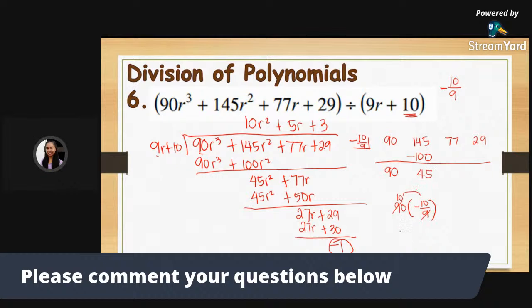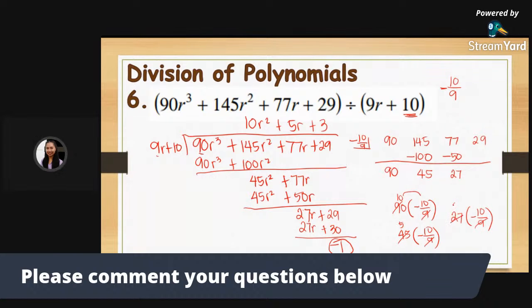So 45 multiplied by negative 10 over 9. If you cancel them, we get 5 here. So we have negative 50. Okay, negative 50 plus 77, we get 27. Then 27 times negative 10 over 9.